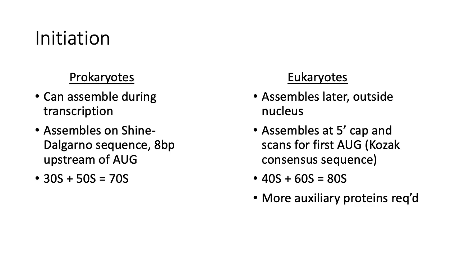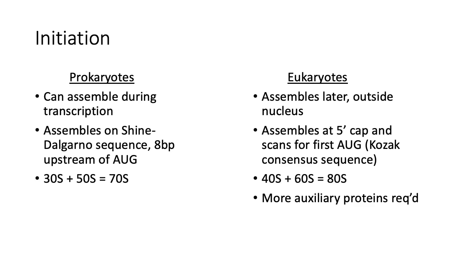The Kozak sequence is named after the scientist who discovered it. I believe her first name was Marilyn Kozak. And that is a roughly 7-base sequence that includes the AUG. So the Shine-Dalgarno sequence in prokaryotes is upstream of the AUG. The Kozak sequence includes the AUG. It's about 7 bases long, or maybe 8 bases long, and the AUG is bases 5, 6, 7.